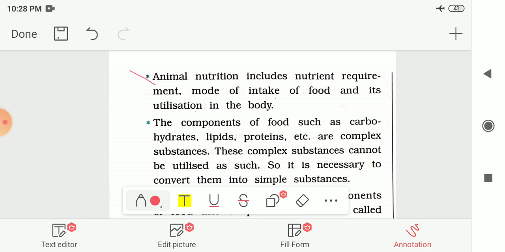That means what the requirement of these nutrients is, how we are taking this food, and how we are utilizing this food in our body. All this process is included in animal nutrition.